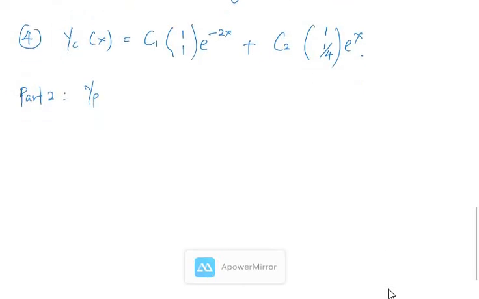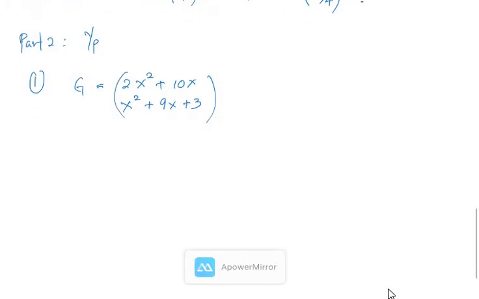Okay, find the YP. So first of all, we assume the YP, but we must know what the g is. The g in the question is 2x squared plus 10x, and then x squared plus 9x plus 3. So this is the g value. To assume the YP, we can refer to the table.